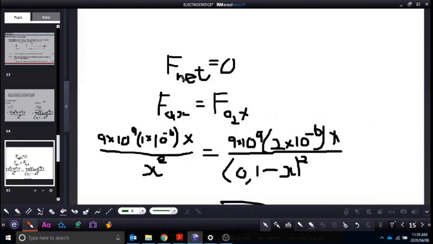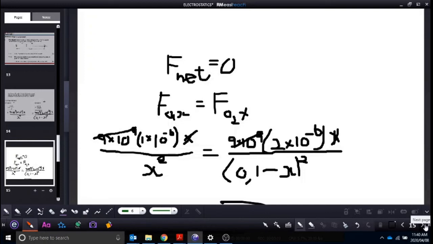Because Fnet is equal to 0, we know F_Q1x is equal to F_Q2x because they are equal. And if you do this calculation, you will see that the k's will cancel because they are on the same sides. The x's will cancel because they are also on the same sides.